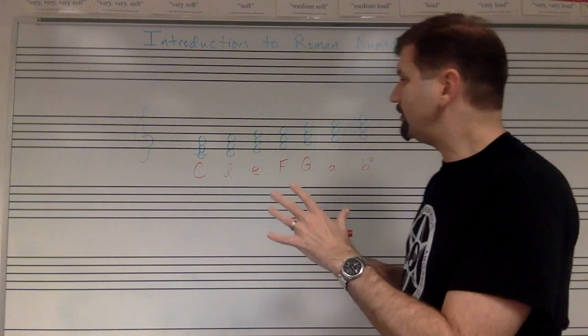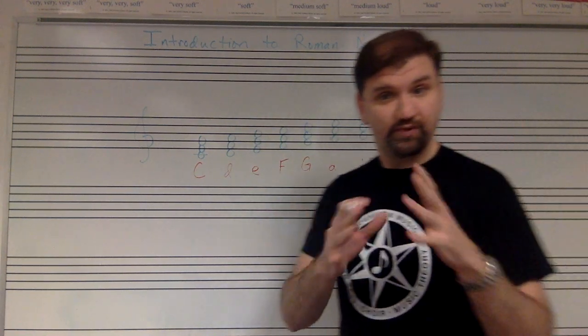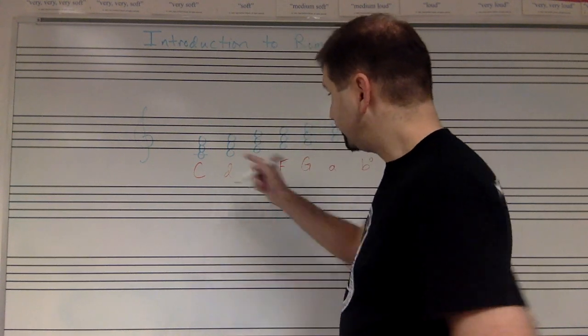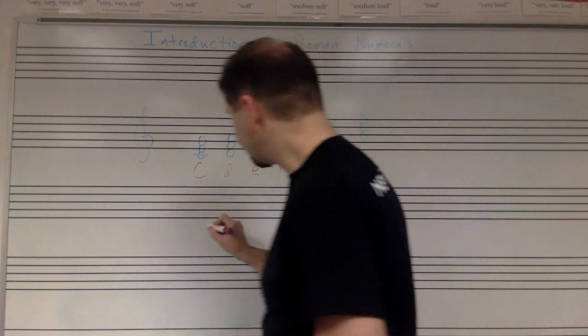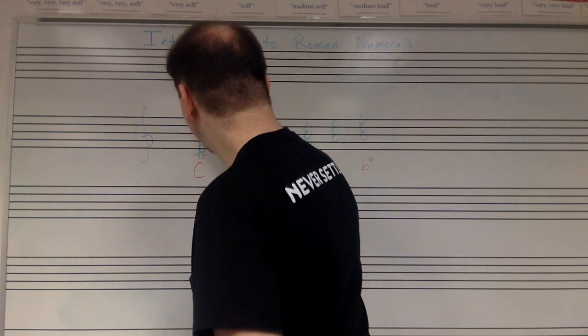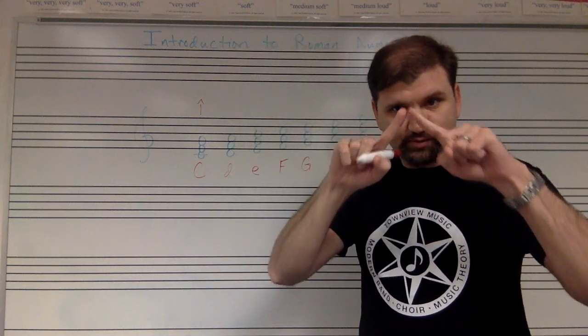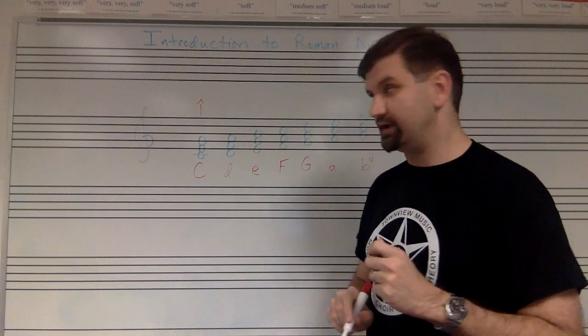Okay, well, what if we analyze the function and placement and context of the chord? Well, this is scale degree 1. It's my tonic, so I'm going to write a 1. I'll do this above with a caret, a little symbol that means scale degree.